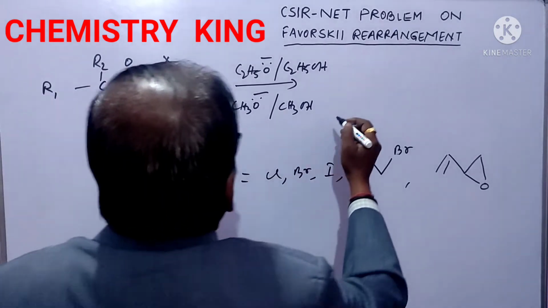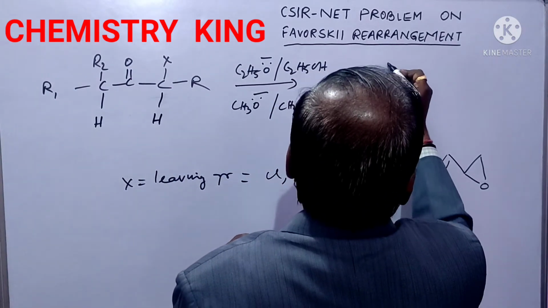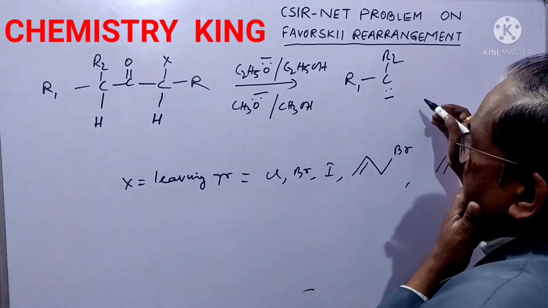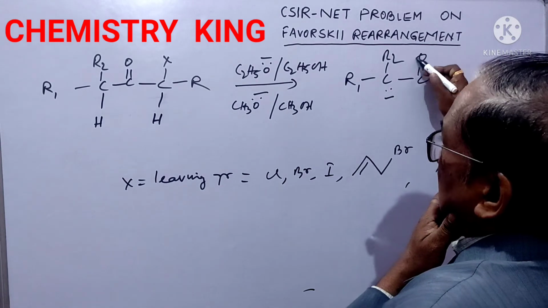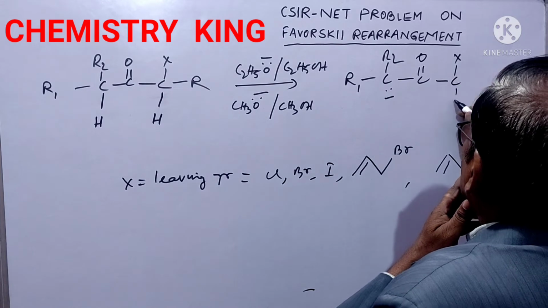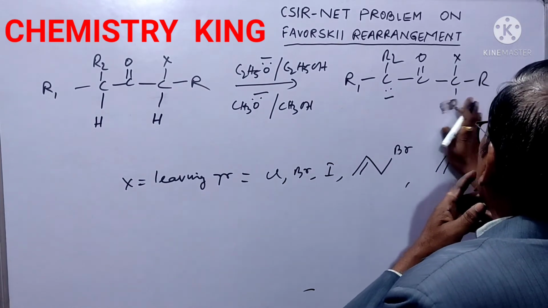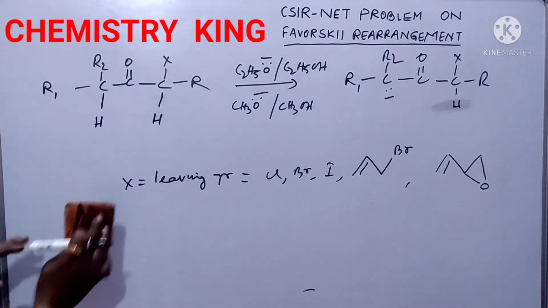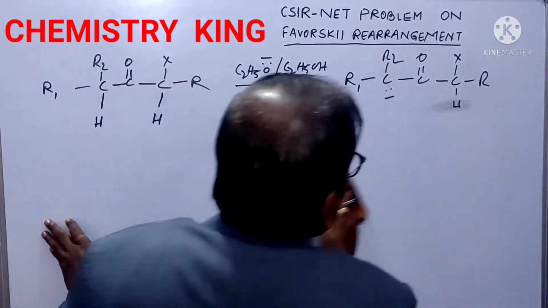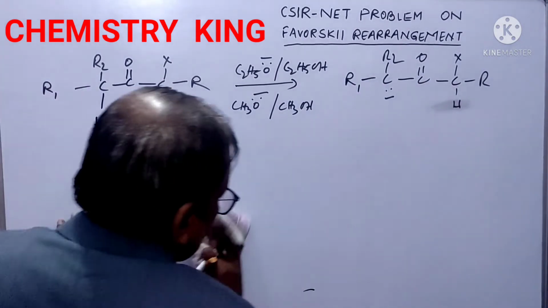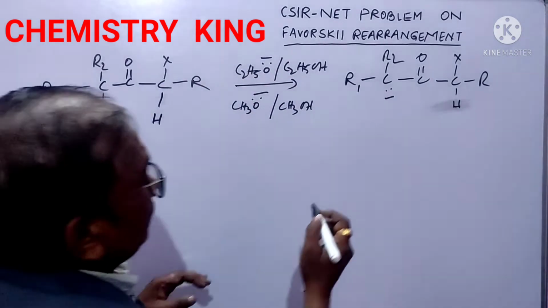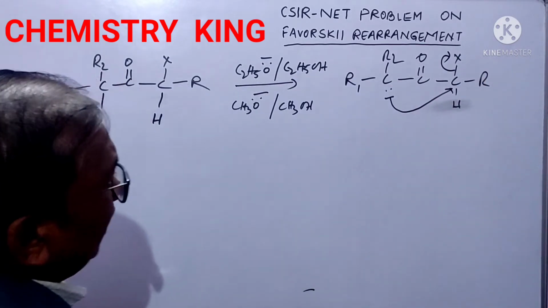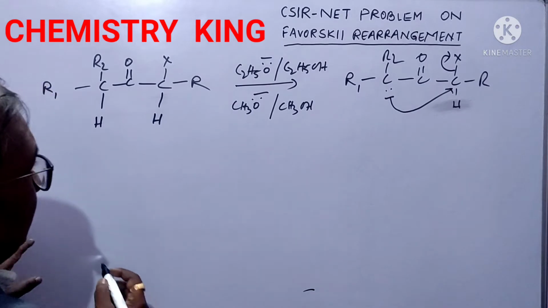will be extracted, and it is R1, R2, minus charge will be here, C double bond O, X R, H is here, okay. Now this will attack here and X will be eliminated, X will be released as X minus.